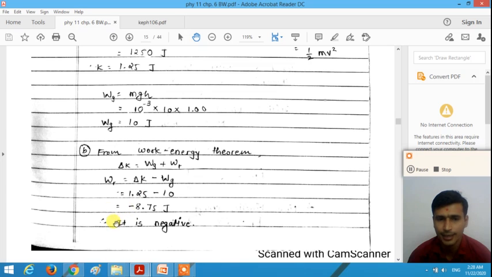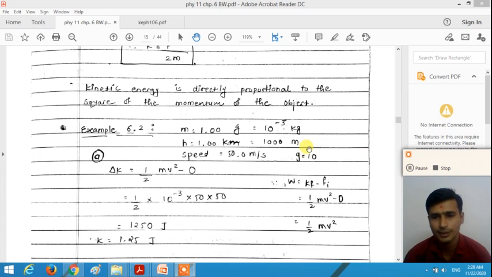Change in the kinetic energy 1.25 minus work done by the gravitational force 10 joule. So 1.25 minus 10, you get the answer minus 8.75 joule. So work done by the resistive force is negative because the resistive force and the motion of the object are opposite. So dear student, understand the example number 6.2.